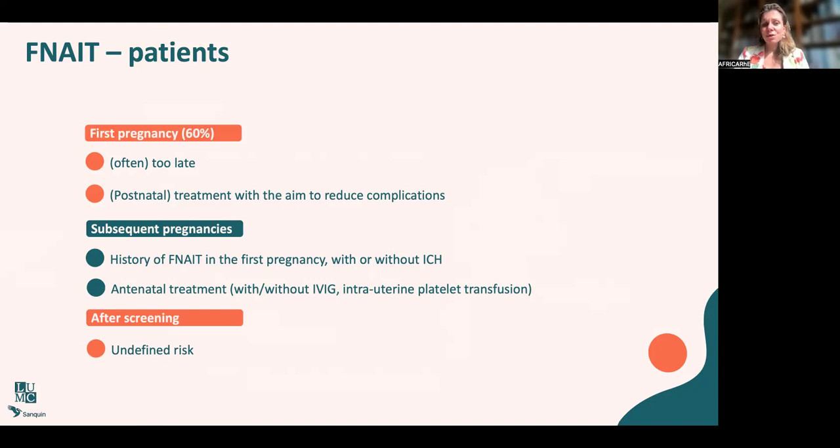But if you screen, you don't know this history yet, and it will not be doable to treat all patients. So we have to find a way to find the high-risk patients without knowing whether they have an ICH or not, because that's the whole point you want to prevent.